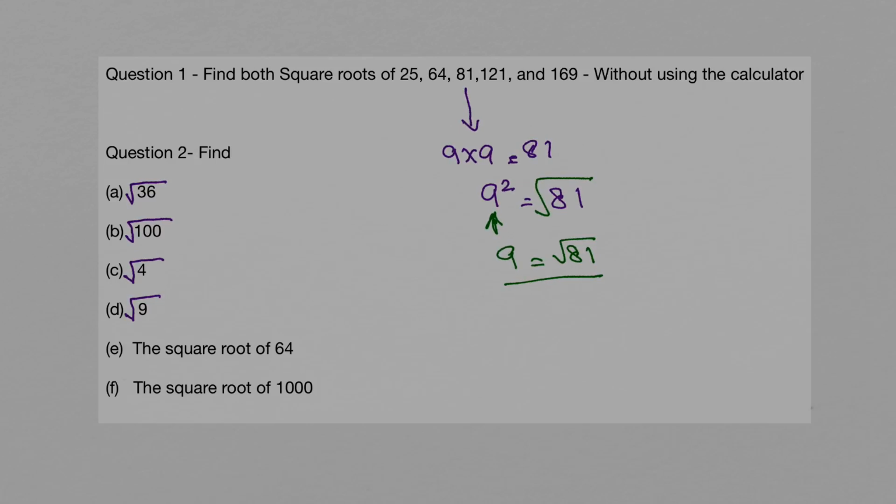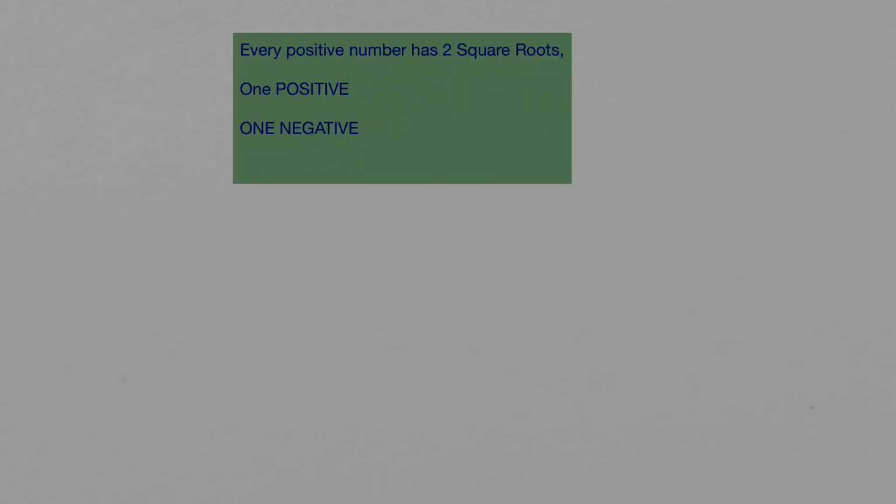So it has basically plus 9 and minus 9. For square roots, every positive number has two square roots, one positive and one negative.